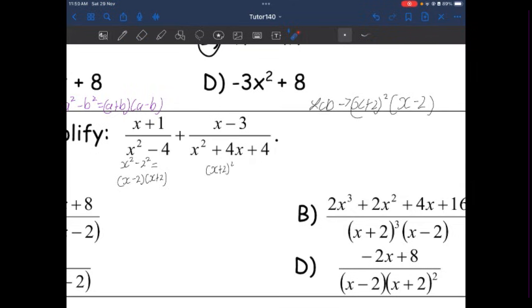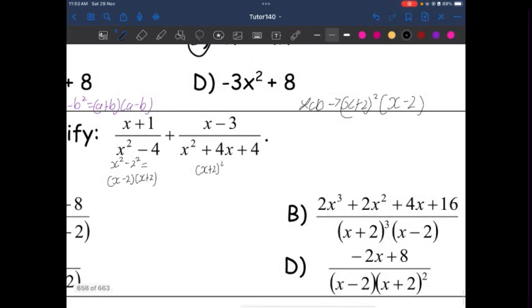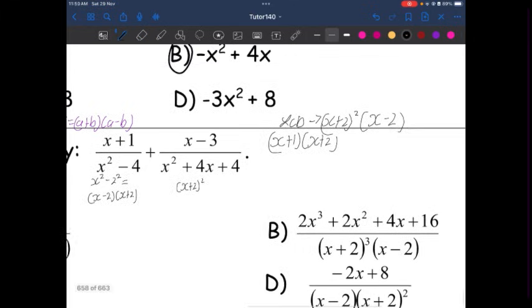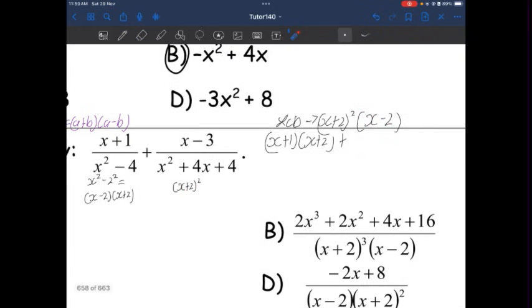We need another x plus 2, so we multiply the numerator by x plus 2. And then this other fraction, when we multiply it by the LCD, is missing x minus 2. You can see (x plus 2) squared is in the denominator, but x minus 2 is not, so we multiply the numerator by x minus 2. So (x minus 3)(x minus 2). And we can just put all of this over the denominator.